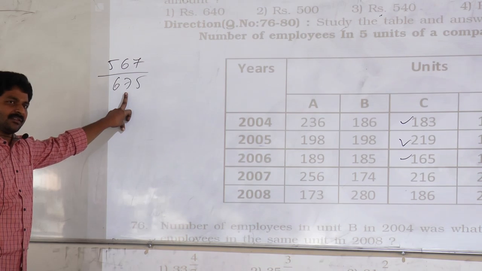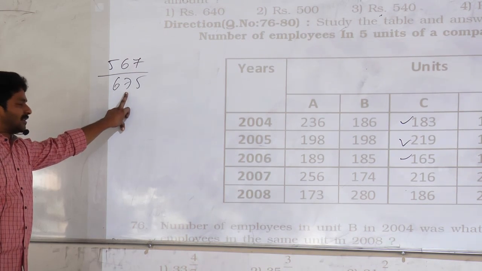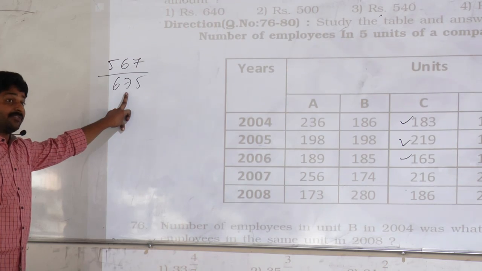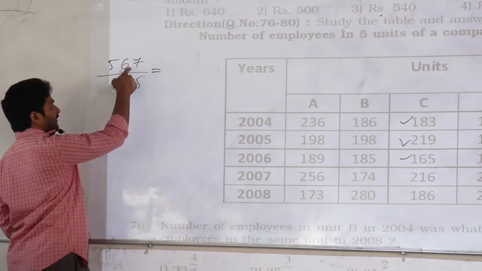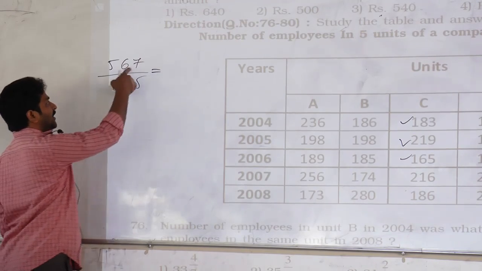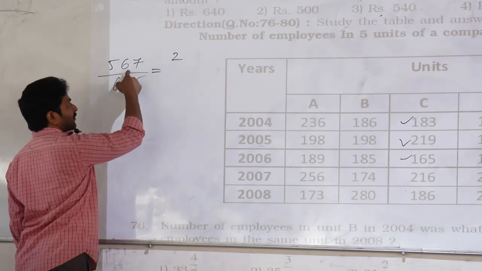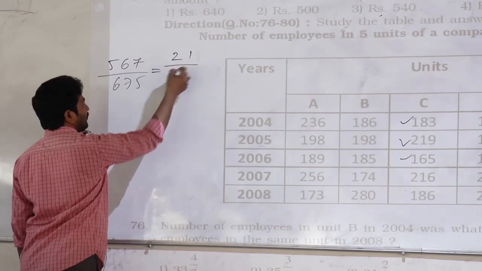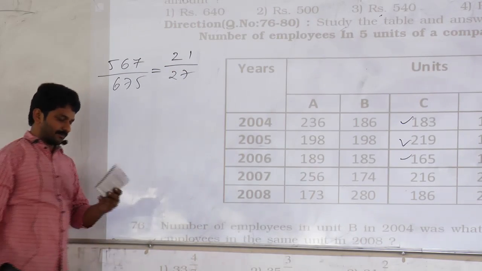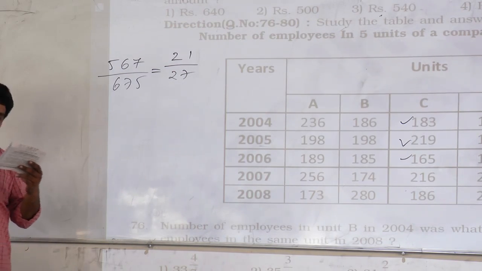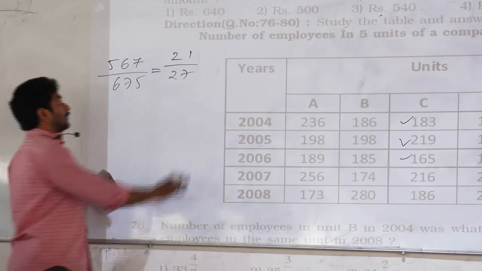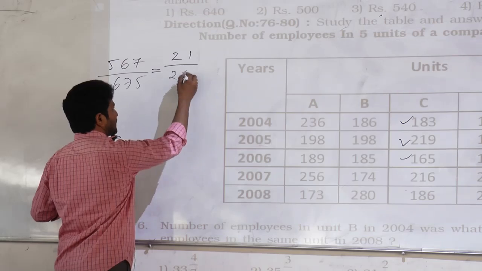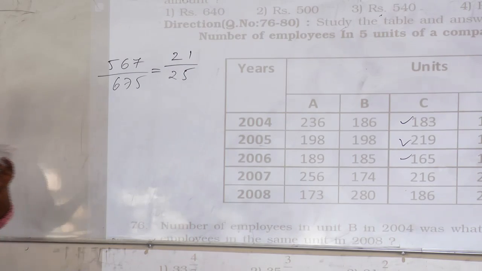What is 25 square? This is 50 more than that. 27 times. Right. So 27. Cancellation with 27. 27 2 times 54. And then 1 time. 21 by 27. Yes. 21 by 25.